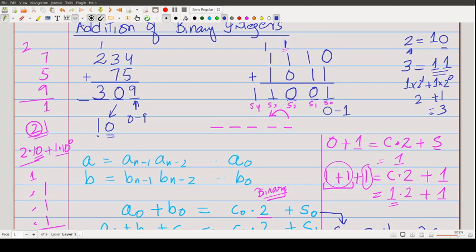Online I actually don't think that's true, because I'm much slower in writing these things than I was in writing them on the board. I don't think that's true. Okay, maybe you're right.